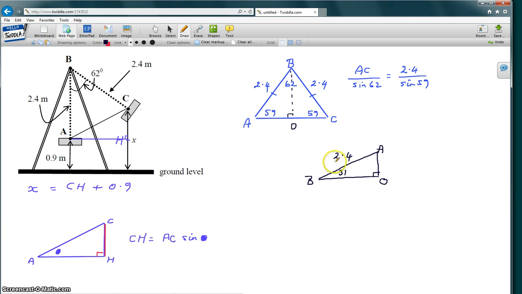Write on all the information. I know the hypotenuse, so AO is equal to 2.4 times sine 31. Now, then of course, AC equals 2 times AO, as we said before. And then we can go back and get our answer.